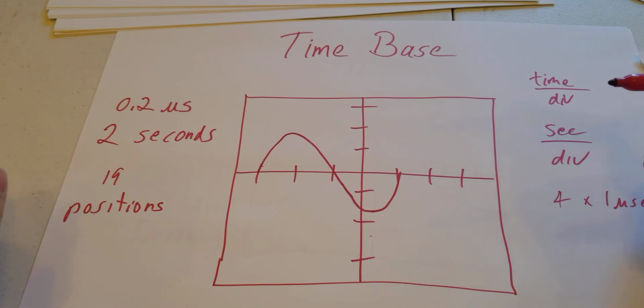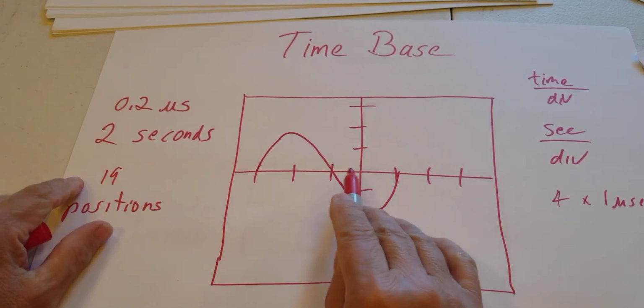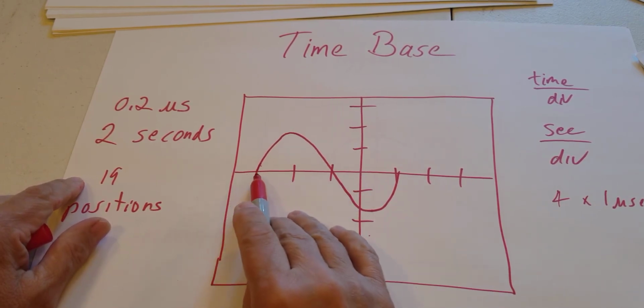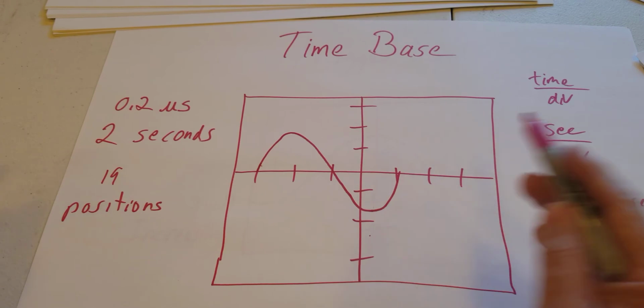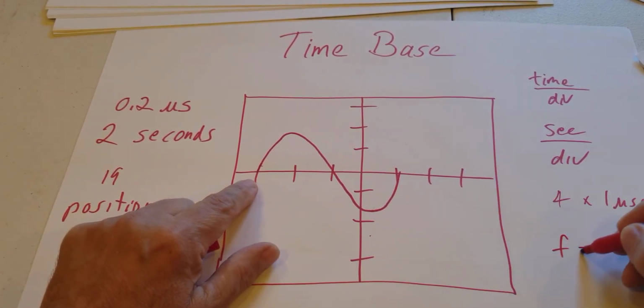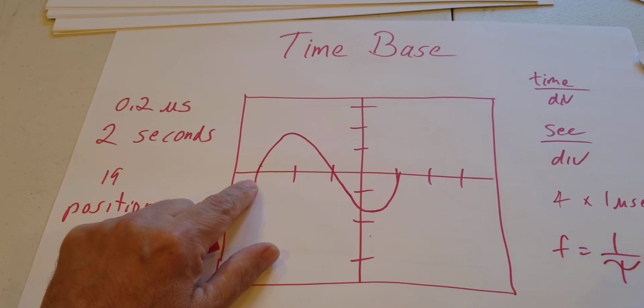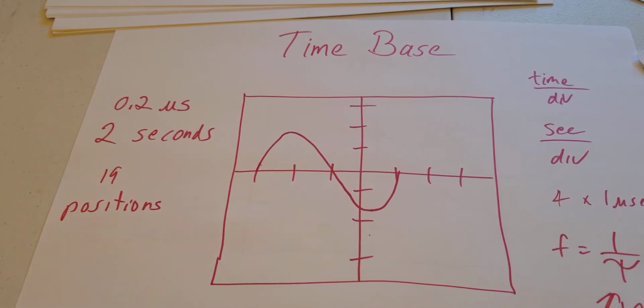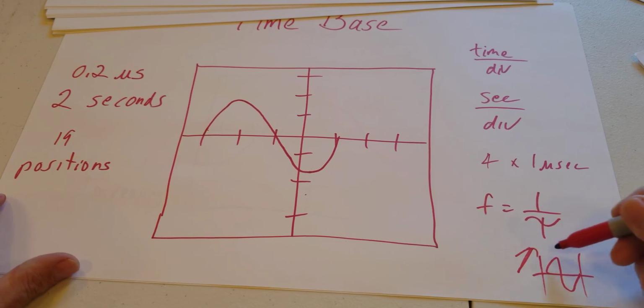So if I'd set this for 1, it would be 1, 2, 3, 4. So it took 4 seconds for a period, right? And remember that frequency equals 1 over the period. Period is the time it takes for one complete cycle to occur. That's a period right there. That distance right there. See it? That's in time.